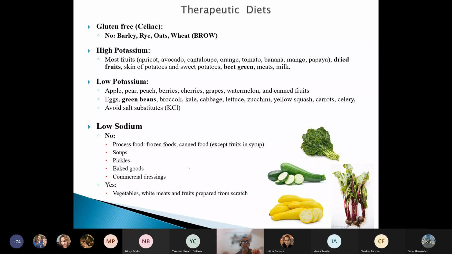Remember that the recommendation of the American Heart Association is to reduce the sodium intake to 2,300 milligrams per day, which is very difficult to reach.